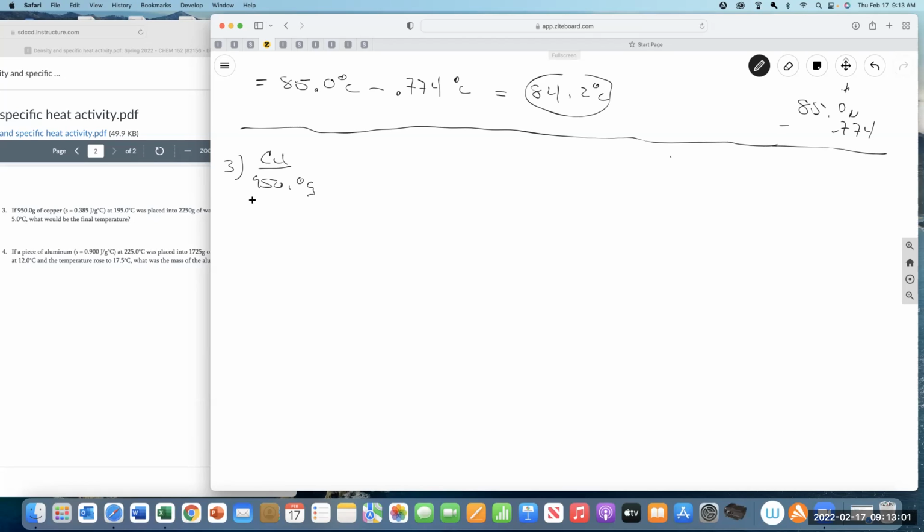We have S equals 0.38 joules per gram degrees C. This is S. This is M. TI is 195.